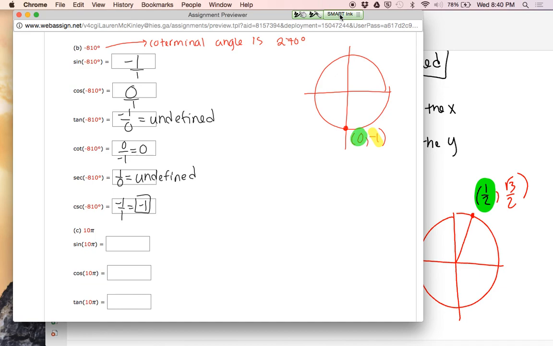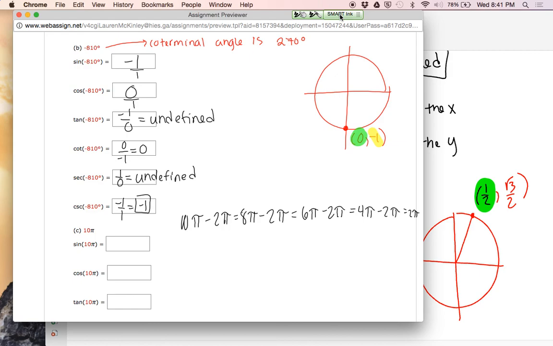Now, 10 pi, let's think about 10 pi here. 10 pi is not on the unit circle. Instead of adding and subtracting 360, I'm going to add and subtract 2 pi, because 2 pi is the same thing as 360 degrees. So 10 pi minus 2 pi is 8 pi, minus 2 pi is 6 pi, minus 2 pi is 4 pi, minus 2 pi is 2 pi.